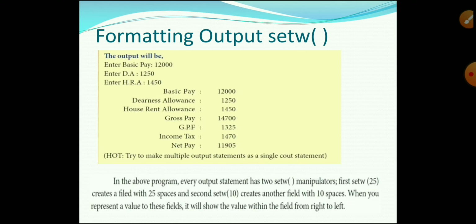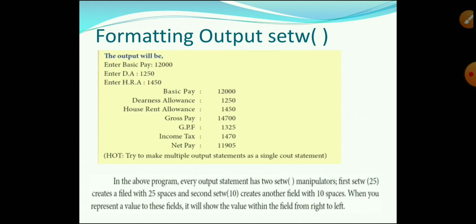So that purpose only we use the set W function. It equalizes each line, basic pay, dearness allowance, everything. All the lines are fixed clearly in a line. It is very understandable at execution time, and after execution we understand this output.